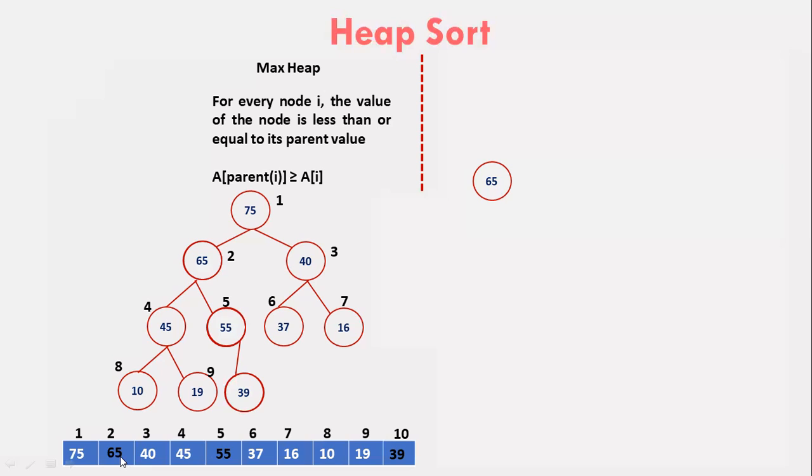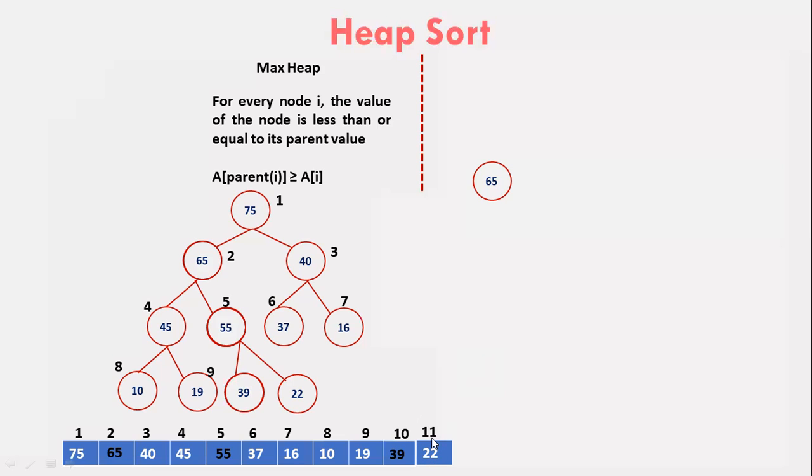Okay, so now suppose I would like to insert one more element, say 22, whose index value is 11 in my array like this. And in the tree, I'll be placing it here, of course. Now what do I have to do? When I insert this 22 in the array, the index value of 22 is 11.